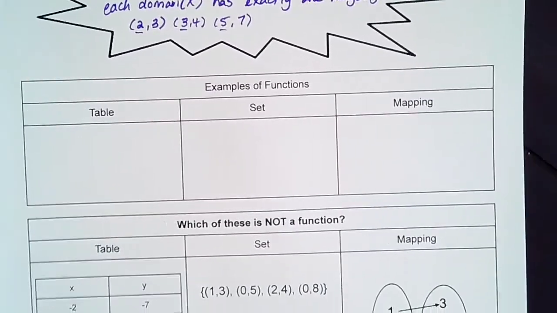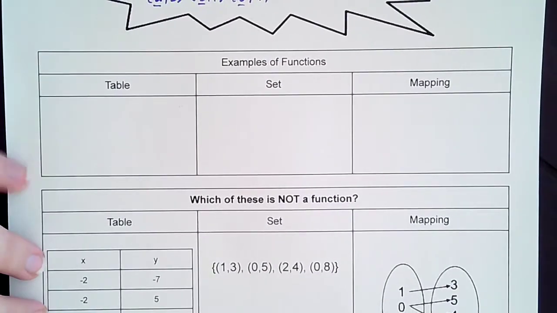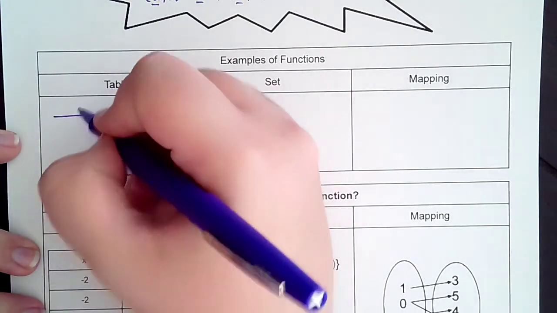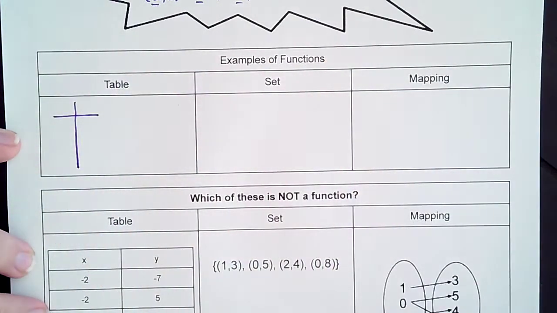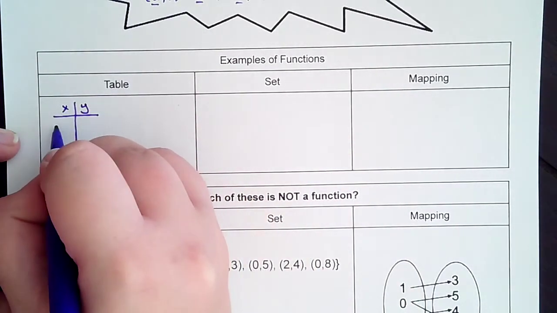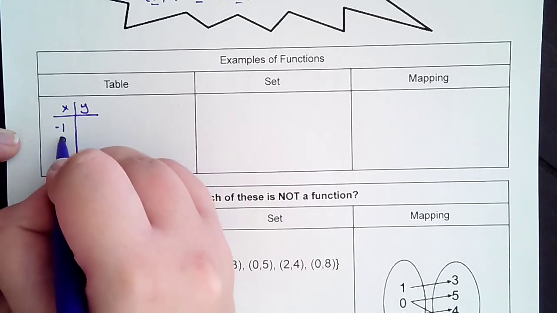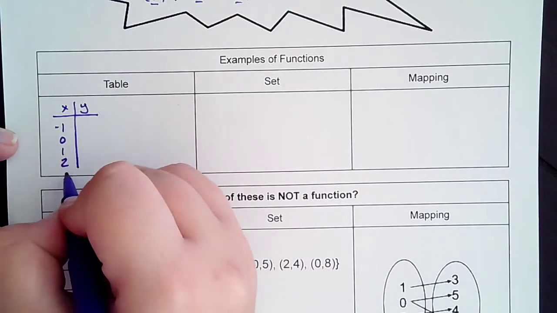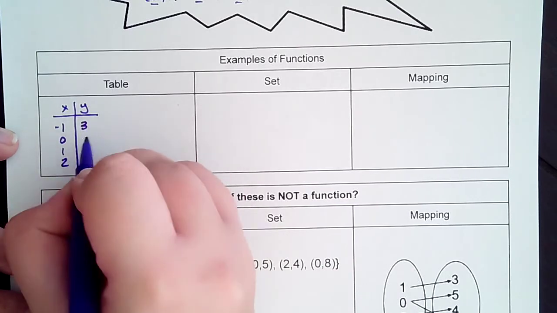So let's look at some more examples. Let's get more in depth here. So an example of a table, and I'll leave room if you want to do another example on your own to see if you get that concept, would just be something where they're all individual. Notice, if all the x's are individual, all the y's can be individual.